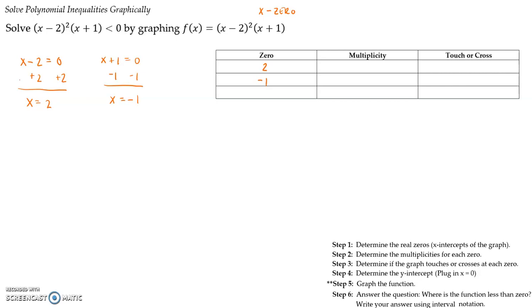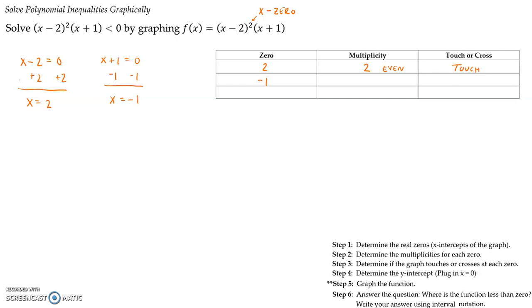All right, let's take a look at our multiplicities. Remember, that's the exponent that's on your set of parentheses, or your factor. So if we look at the zero of 2, the exponent on this set of parentheses is a 2, which is an even number. And remember, anytime your multiplicity is even, that means that on our graph, it's going to touch the x-axis at that zero.